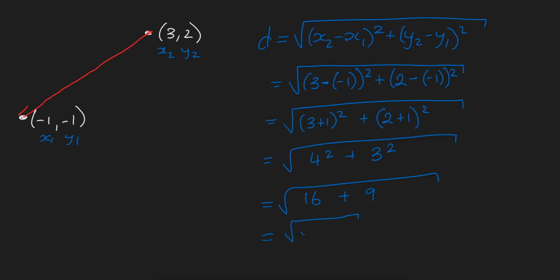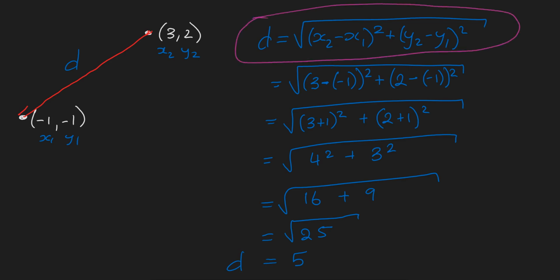Therefore you've got the square root of 25, so the distance over here is equal to 5. And you have just determined the distance between these two coordinate points using this lovely formula, which you have just come up with using Pythagoras.